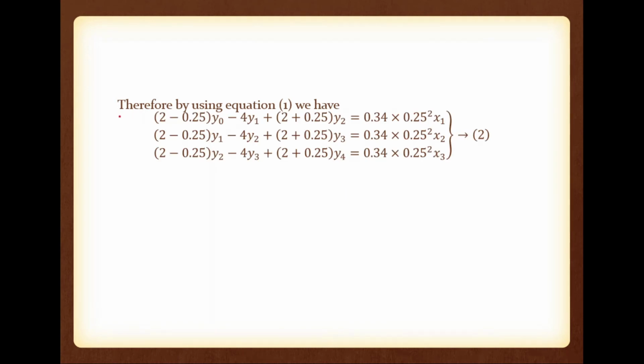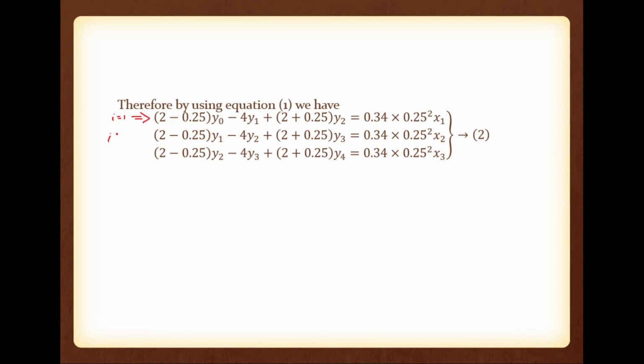after substituting i equal to 1, we have this equation, that is (2 minus 0.25) into y0. Please note, h is 0.25. So (2 minus 0.25) into y0 minus 4y1 plus (2 plus 0.25) into y2 is equal to 0.34 into h square, that is 0.25 square into x1. This is actually xi. So after substituting i equal to 1, this term will become x1.